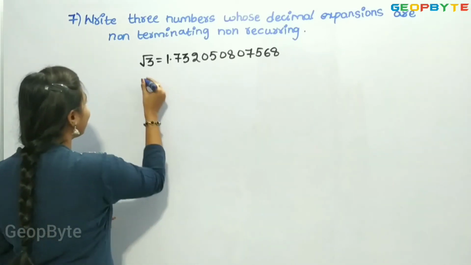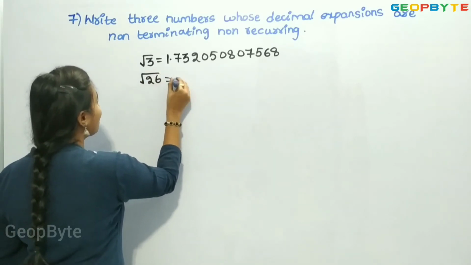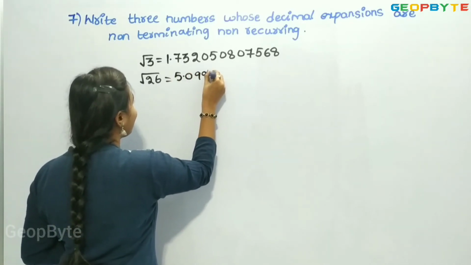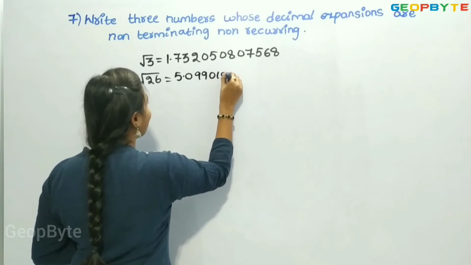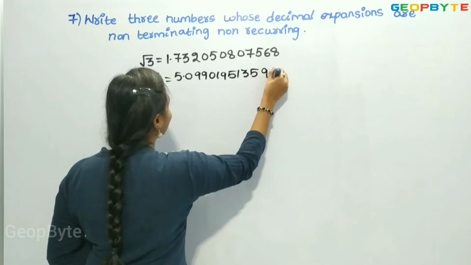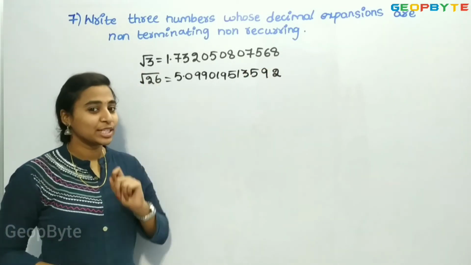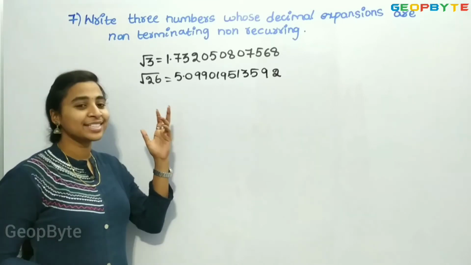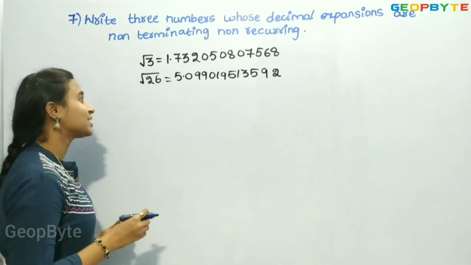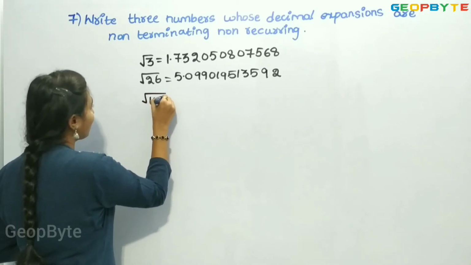Now, let us take root 26. So, it is 5.099013592. So, this is the decimal expansion of root 26, which is non-terminating, non-recurring. Let us see one more example, root 101.